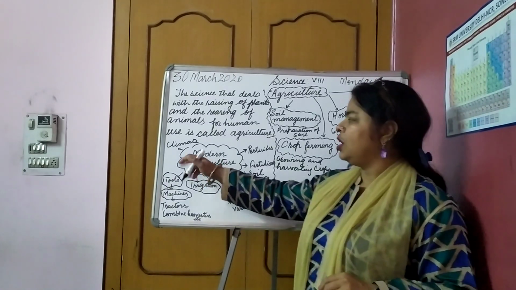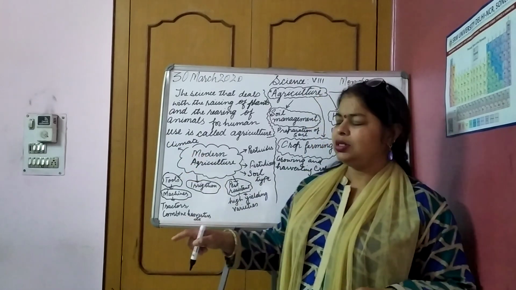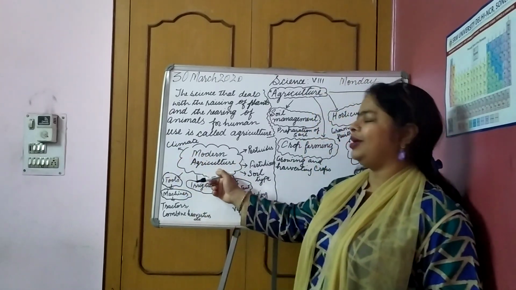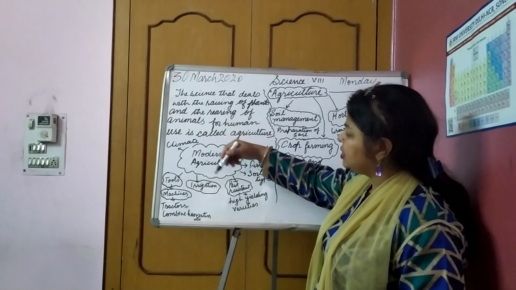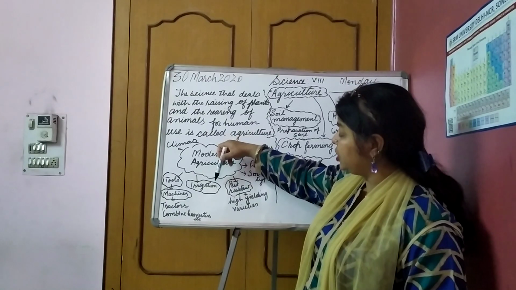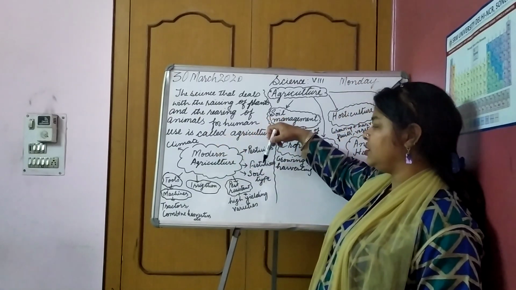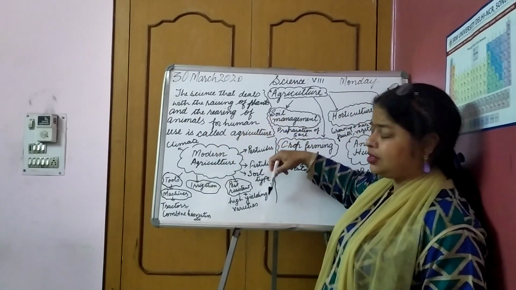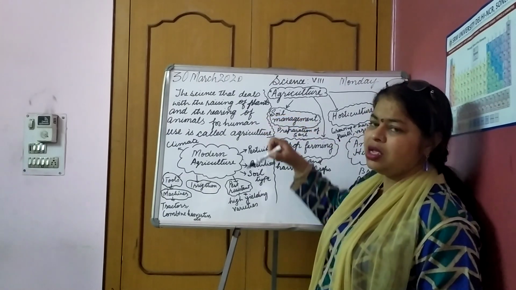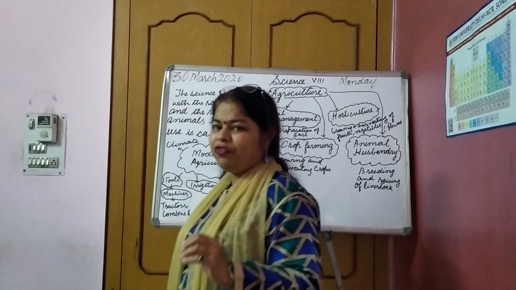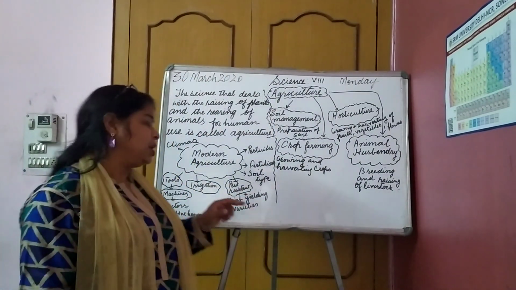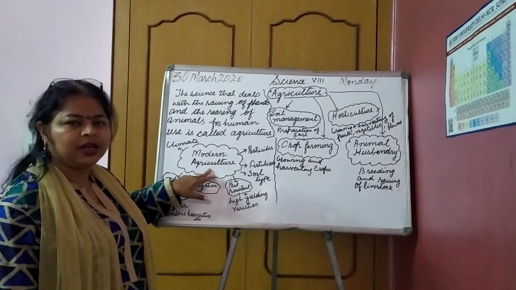After studying this, the farmers use it also as a tool of modern agriculture. So, let me repeat: irrigation, pest resistant and high yielding varieties, soil type, fertilizers, pesticides, these are the different parameters that are being used by the farmers in modern agriculture.